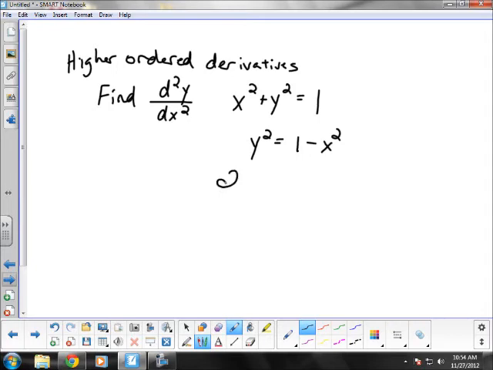The derivative is 2y dy dx is negative 2x. Excellent. So dy dx is equal to negative x divided by y, right? Because the 2 cancels out when I divide both sides by that 2y.